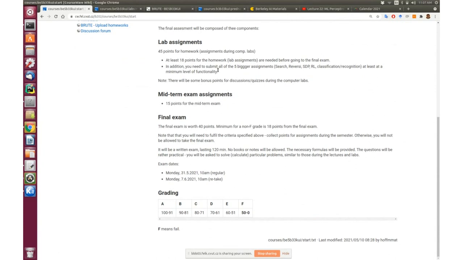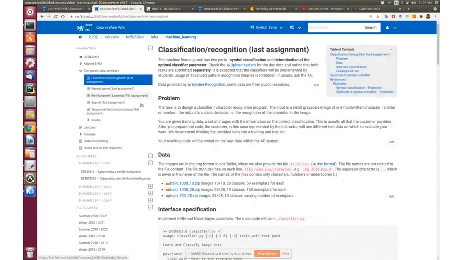So looking also at the labs, there is the classification recognition assignment, which has two parts. One is the optimal classifier, where you will write, Philip will correct me if I'm wrong, the naive Bayes and the KNN. The naive Bayes you already know how to do, and the KNN is something we will cover next week.